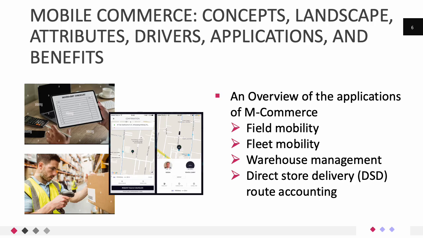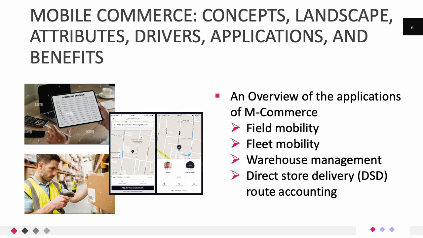Okay, so now let's explore how m-commerce is used in real-world business. You might think that m-commerce is just about shopping apps, but it's actually more than that. It's actually transforming how companies work too.